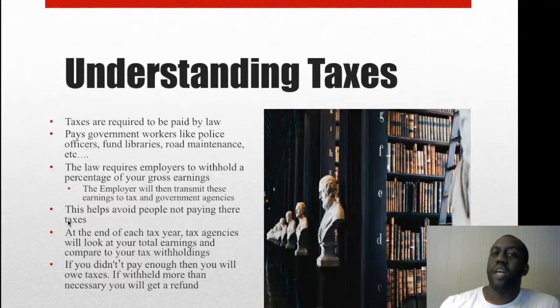But if you didn't pay enough taxes, then you may be required to pay an additional amount to a government agency. This will come as a tax bill, and they will send it to you and say that according to our records, you didn't pay enough taxes in 2017, please pay this amount. And in some cases, if you paid more than the required amount, the government agency will give you a tax refund.